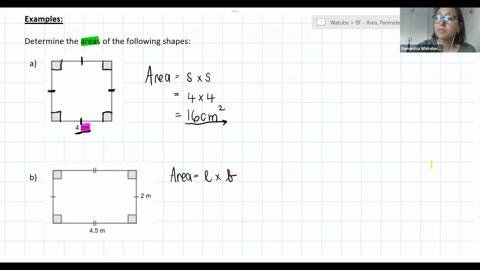You can put your hand up if you want, or you can put it in the chat, completely up to you. And once you have an answer, do let us know. Remember the units for your answer.